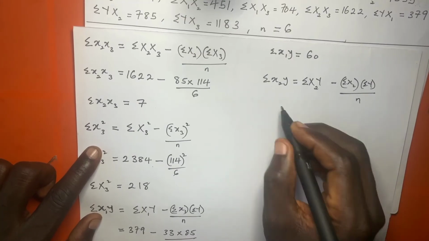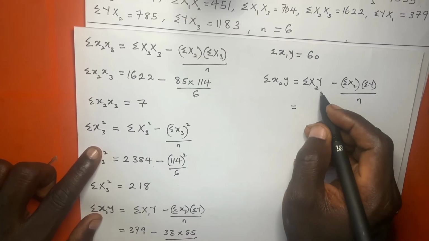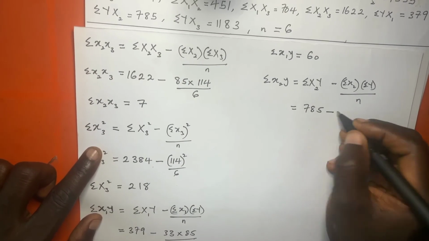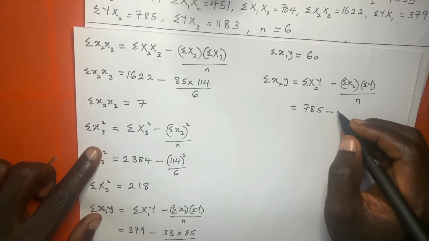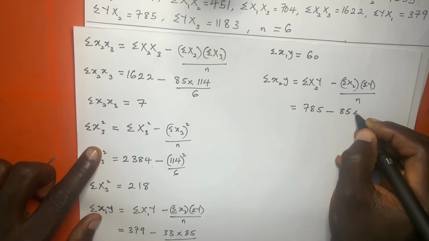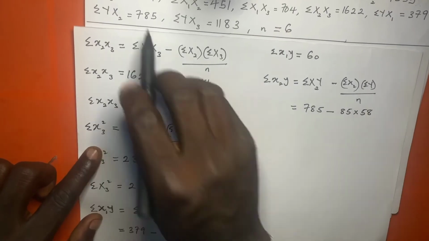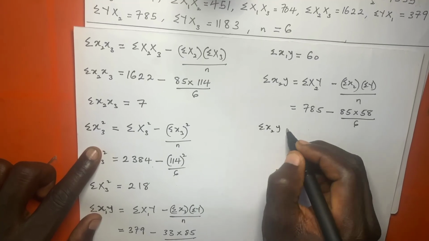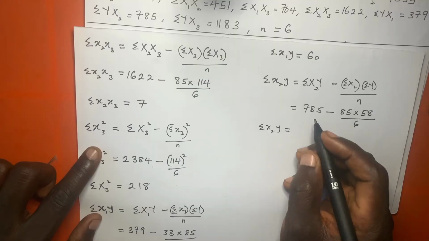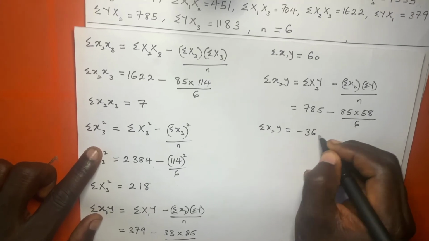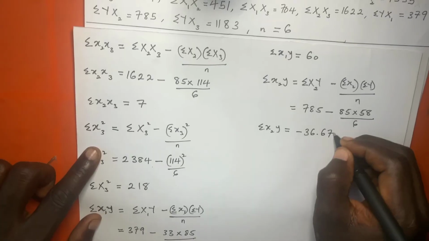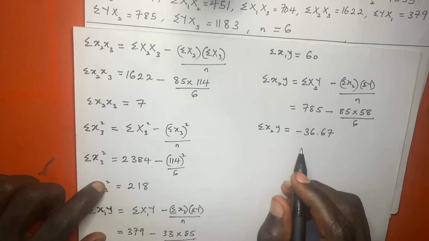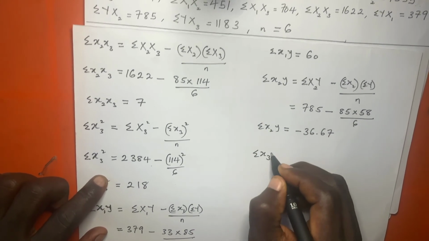Summation x2y is 785, so we have 785 minus 85 multiplied by 58, divided by 6. Summation x2y will give us a negative value, minus 36.67.